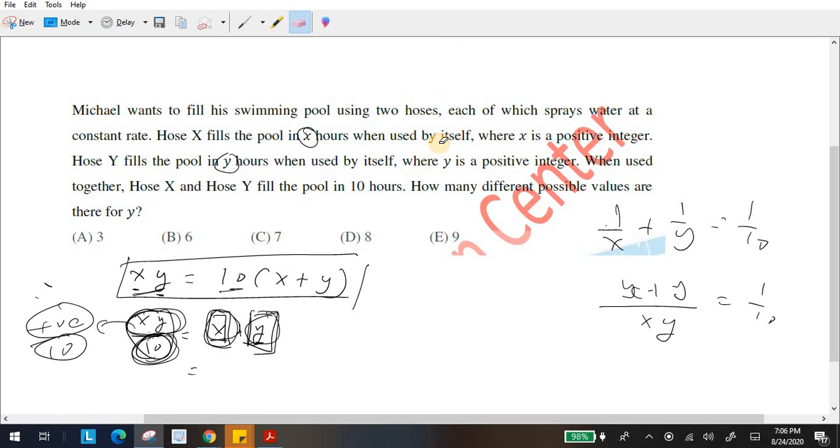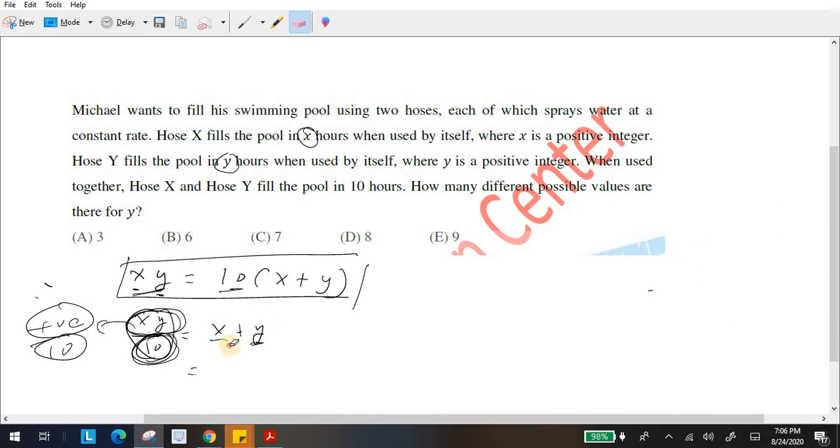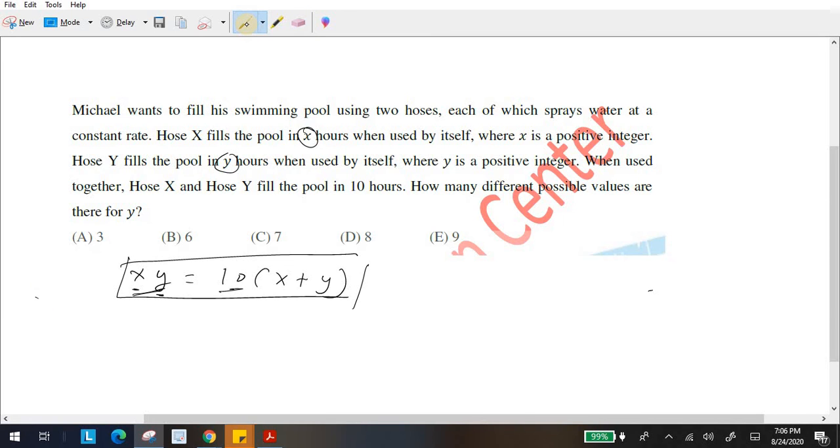I got one possibility, but I'm looking for other ones. Okay, let me tell you the hint. You have to think for that number. When you multiply, that should give at least 10 out of the bracket. For example, it can be 15 times 10.